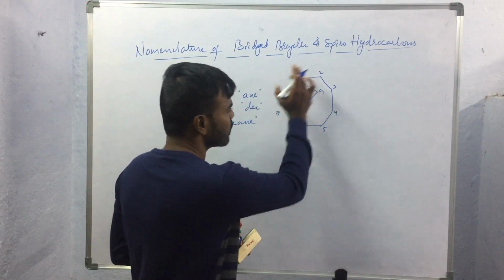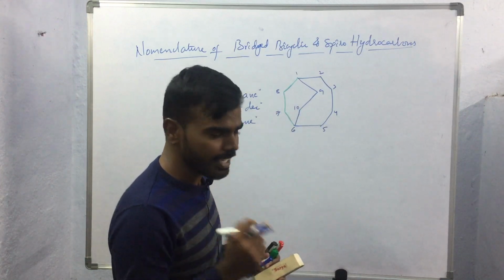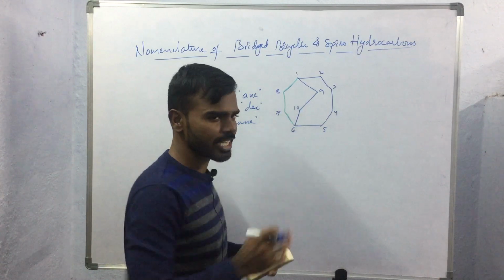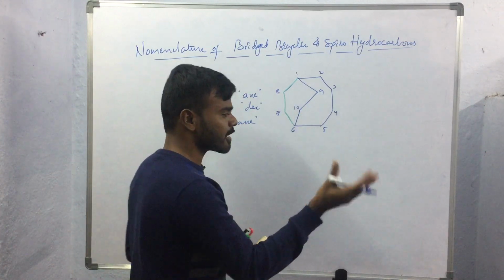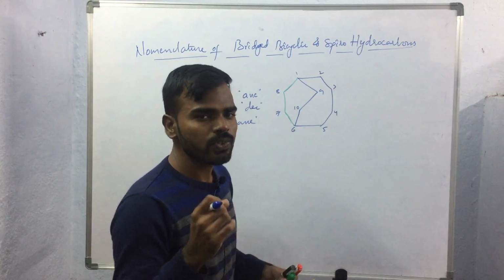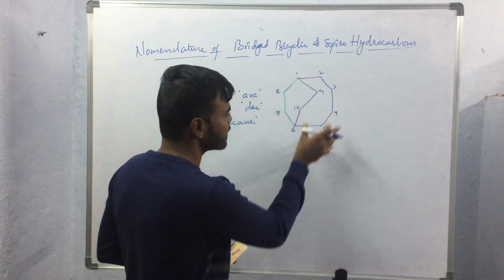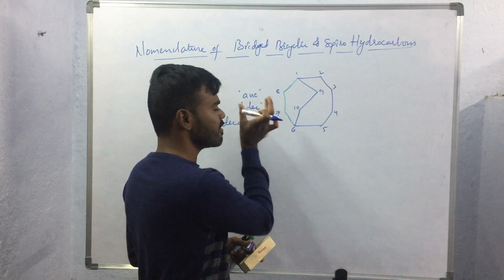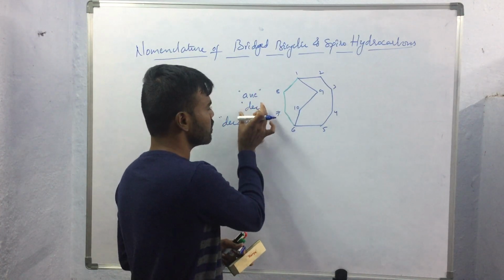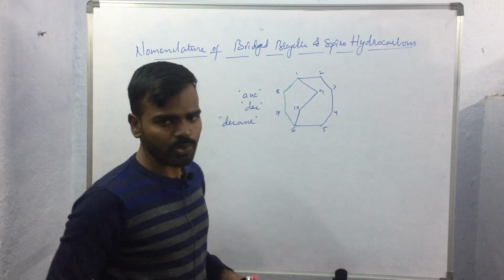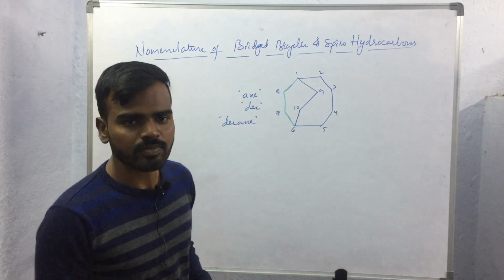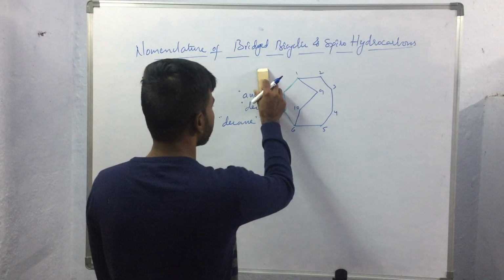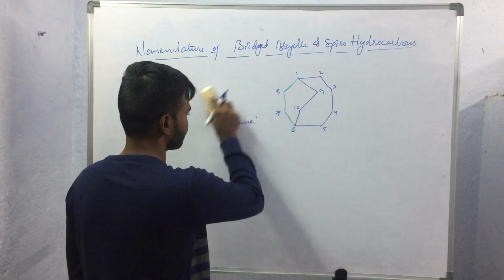The second rule is we have to count the total number of carbon atoms present in this entire compound, and use the respective prefix. As here 10 carbon atoms are present, we are using prefix dec. The combination of this prefix and suffix will be the root name of the compound. Then after that, we have to identify the two rings.